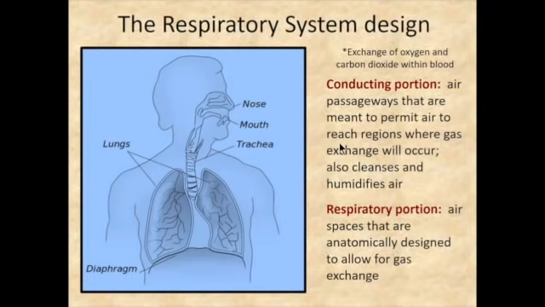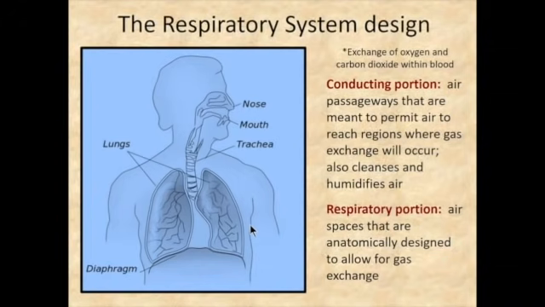Okay, so the respiratory system has 2 parts to it, if you divide it anatomically. One part is called the conducting portion, and that's the part of the system that brings air not only to the lung, but even to the smaller and smaller air passages, where you're not going to have any gas exchange occurring in these structures.